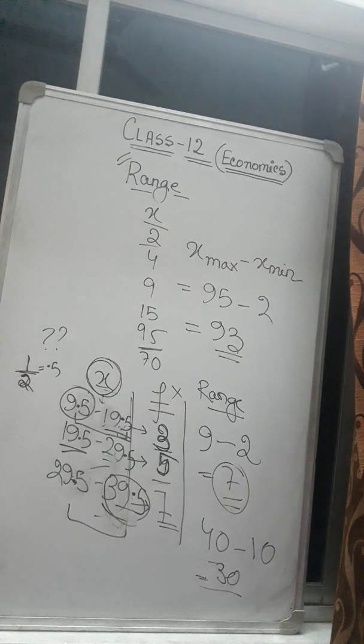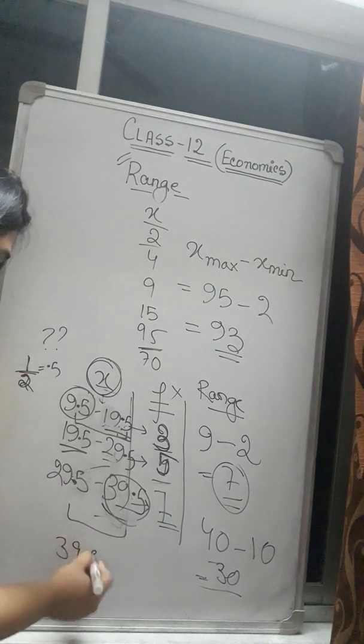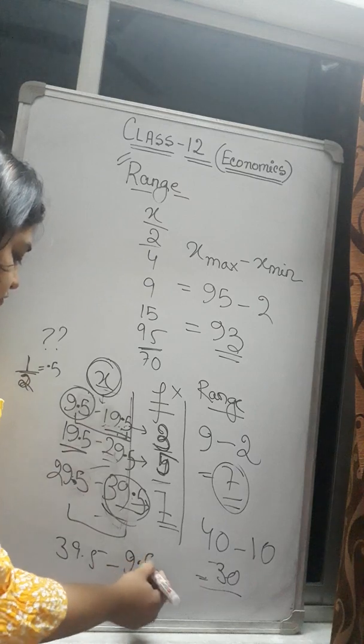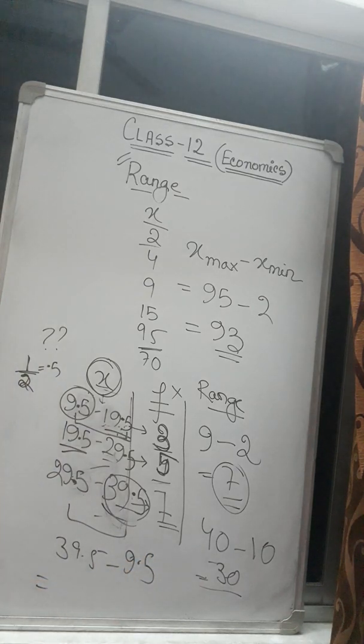So 9.5 is the lowest. So 39.5 minus 9.5 will give you the range.